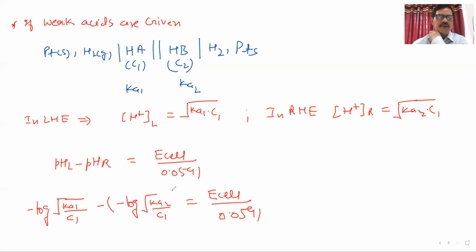So by putting the values of K1 and K2, C1 and C2, we can determine the value of EMF if the H positive ion concentration and K1, K2 are given.